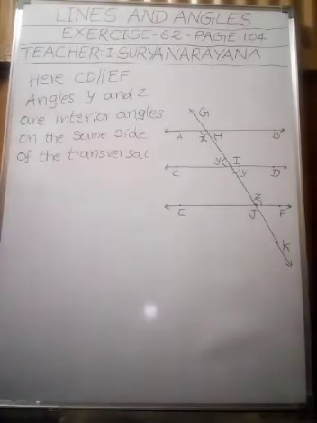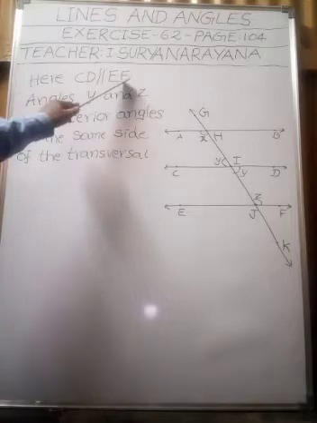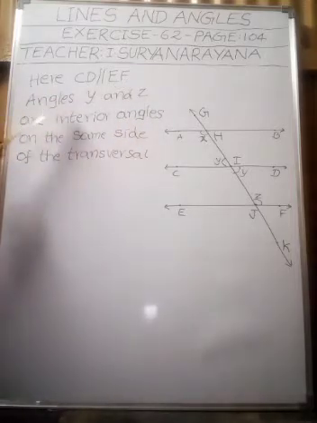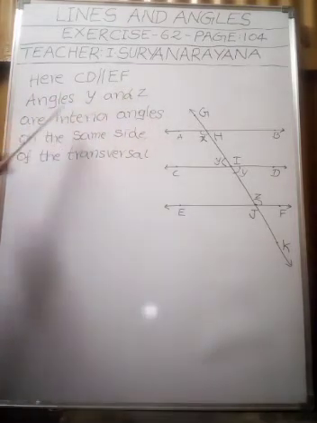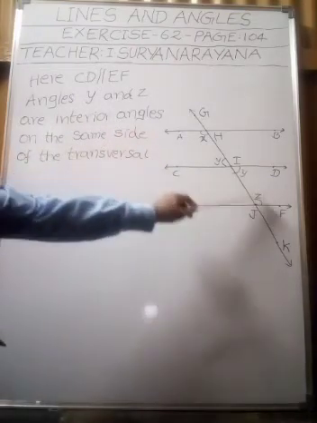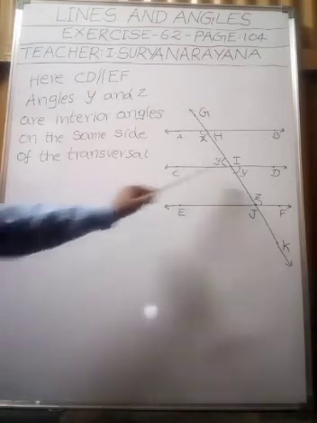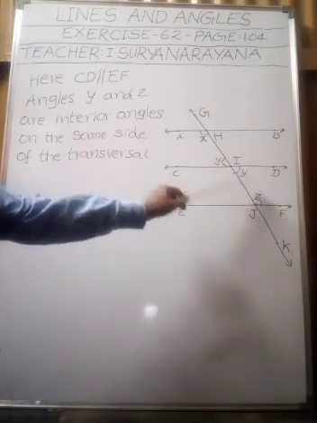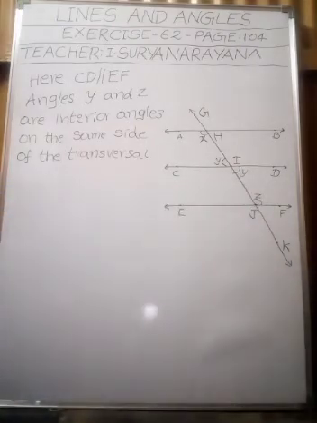Here CD is parallel to EF and angles Y and Z are interior angles on the same side of the transversal. Observe this figure, my dear. Then there is a property, there is a theorem.